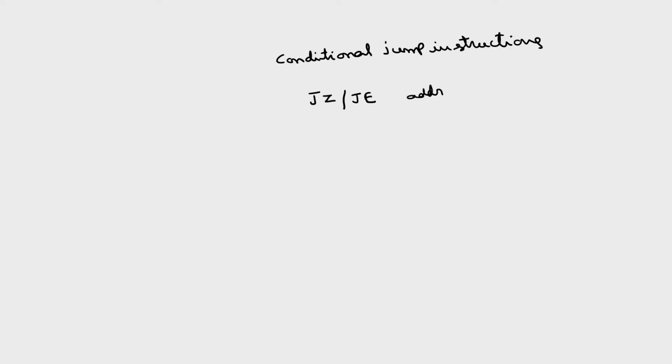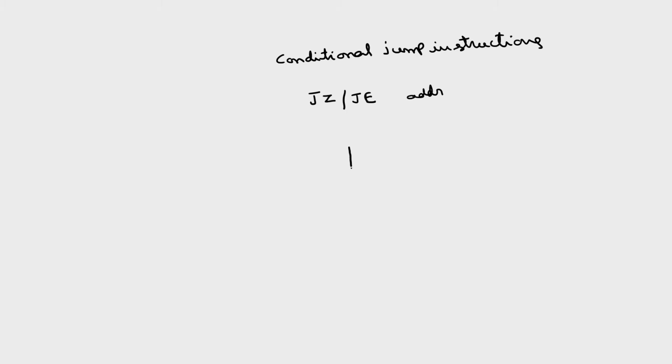As the name implies, if the zero flag is set, then only it will go to the particular address which is specified, otherwise it simply skips this instruction and goes to the next instruction. For example, this is the flow of instructions.